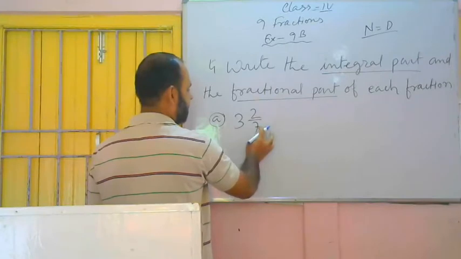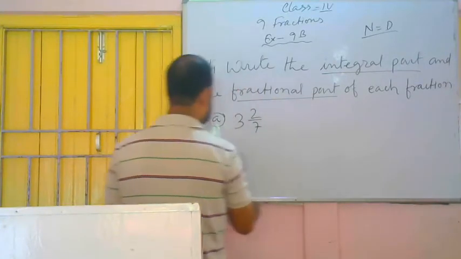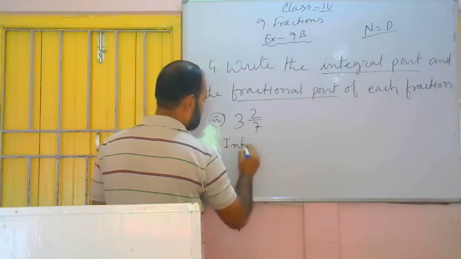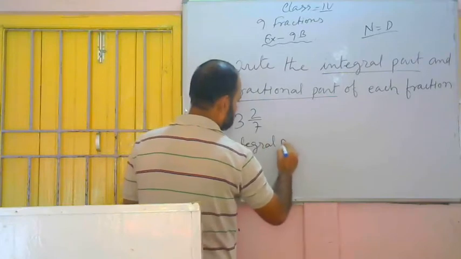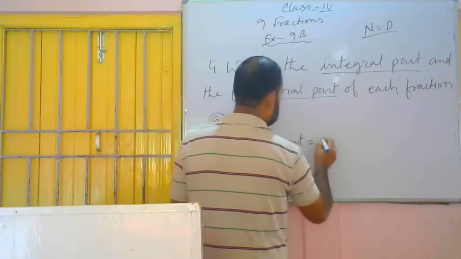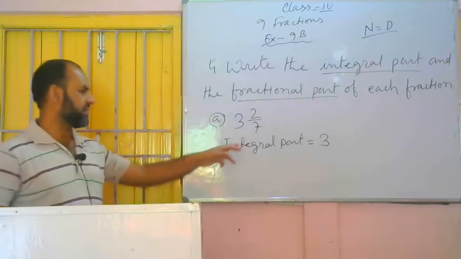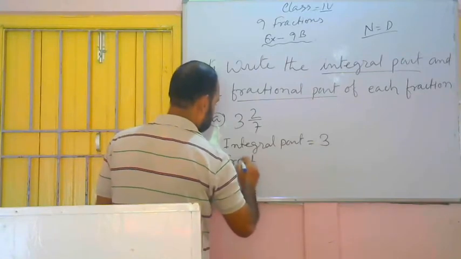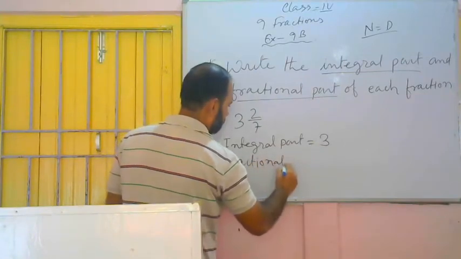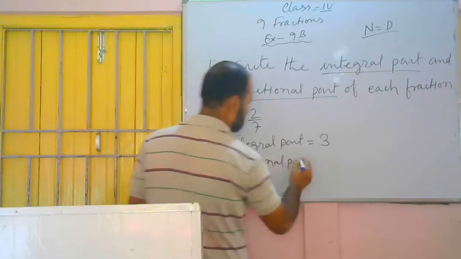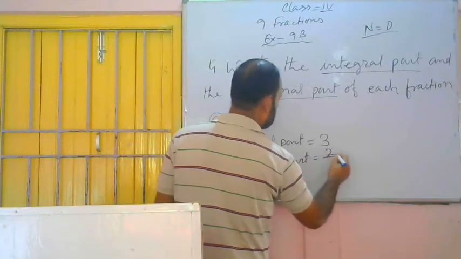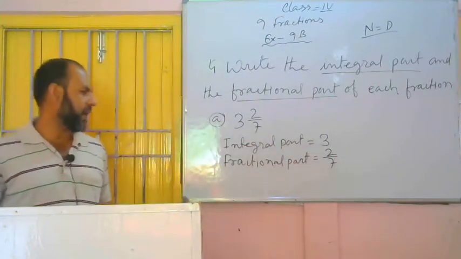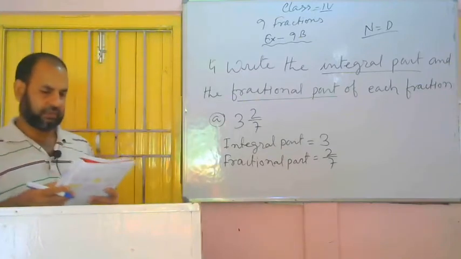We write: integral part is 3 and fractional part is 2/7.